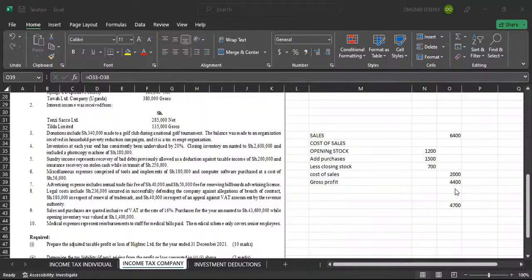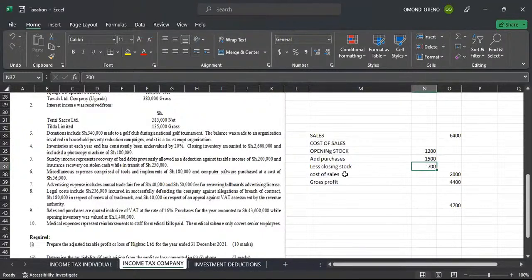If you put the real value of closing stock, our real profit is now 4,400. It means putting the photocopying machine as part of the closing inventory exaggerated our profit.